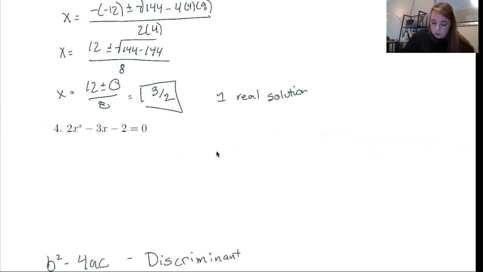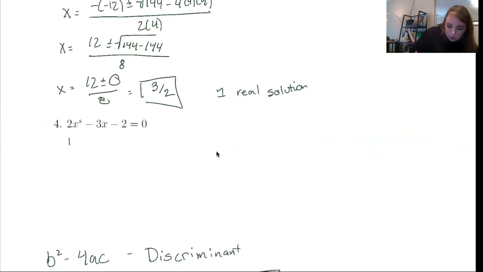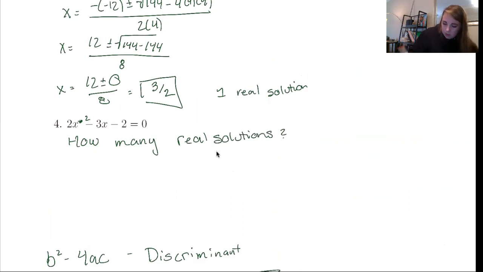So let's do our last problem. How many solutions do we think? Oh, that's supposed to be a 2. So how many real solutions? All right, so A equals 2, B equals negative 3, C equals negative 2.